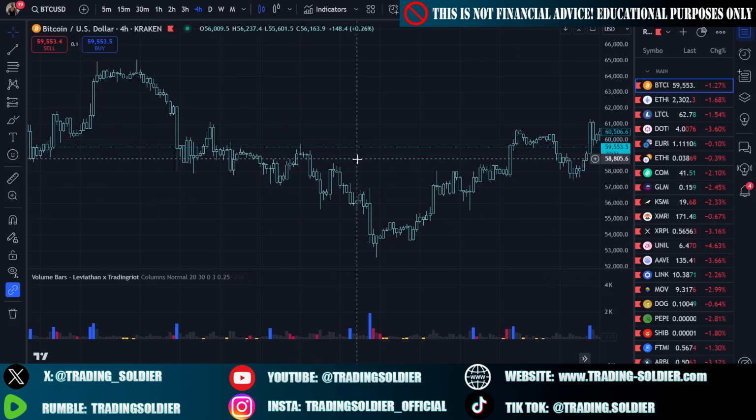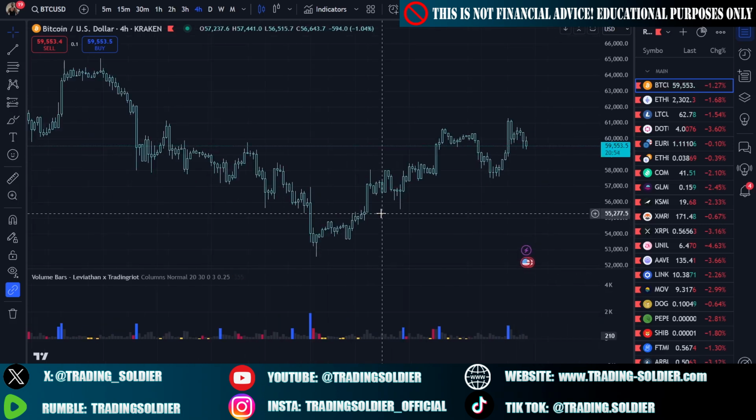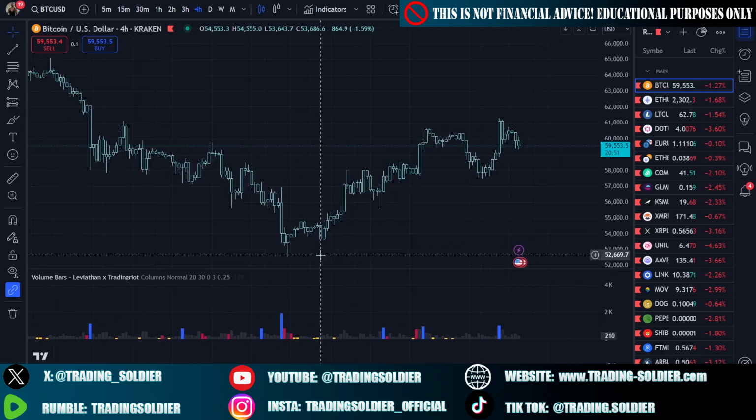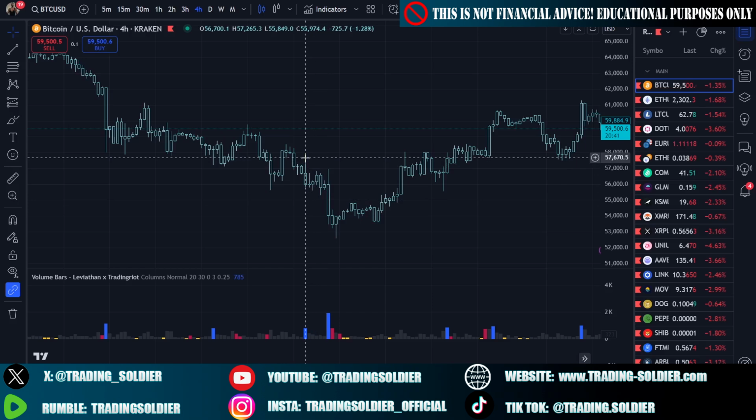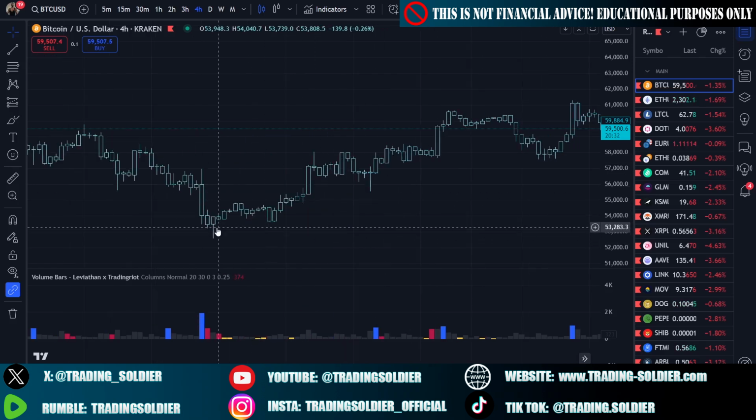Also here we have another long trade idea. Here we see a strong momentum candle on the 4-hour chart going hand in hand with a high volume bar on the Volume Bars indicator, okay? So this is telling us that the market has liquidated a lot of longs and pierced a support level, but now the price action with this candle is showing us reversal signs.